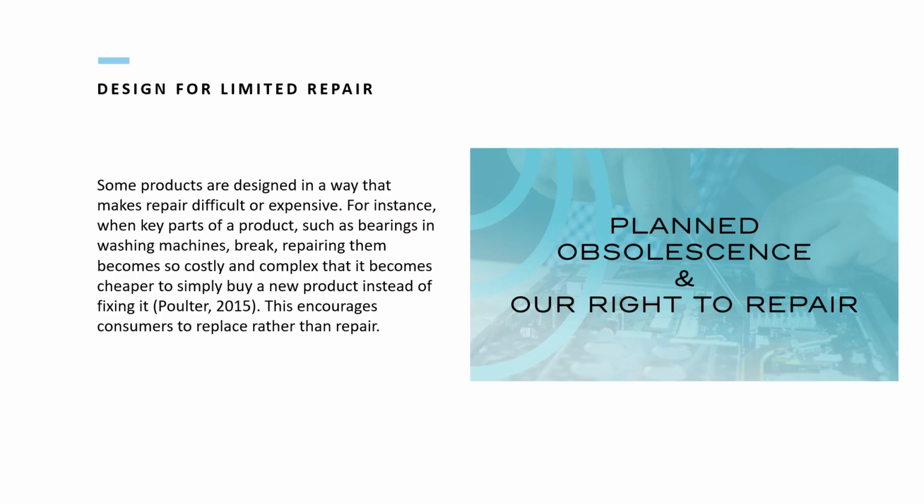For design for limited repair, some products are designed in a way that makes repair difficult or expensive. For instance, when key parts of a product, such as bearings in washing machines, break, repairing them becomes so costly and complex that it becomes cheaper to simply buy a new product instead of fixing it. This encourages consumers to replace rather than repair.